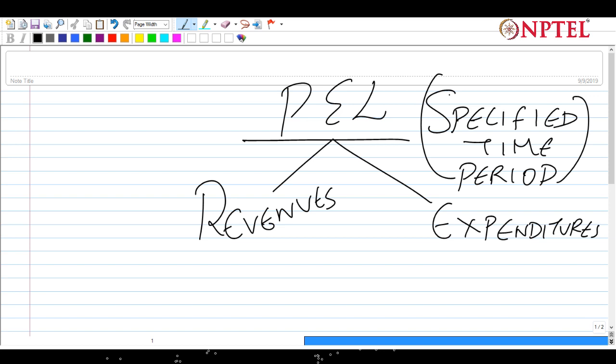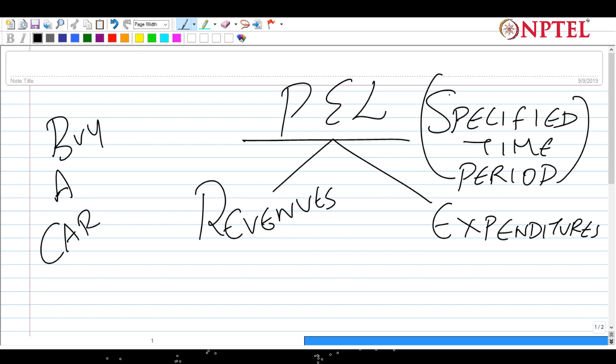If we are to move further, some of the doubts that I have encountered are, for example: supposing I buy a car, why is it not treated as an expenditure in the P&L statement?